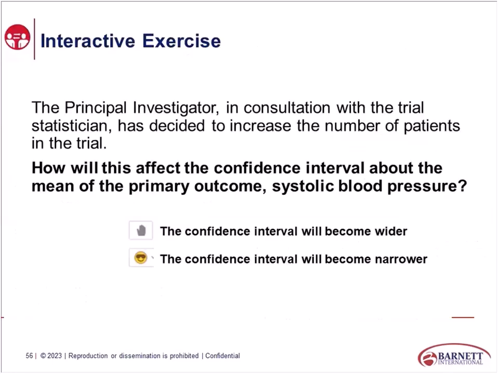I think, couple questions here. Principal investigator, in consultation with the trial statistician, decided to increase the number of patients. So, increasing the number of patients, is it going to make your confidence interval wider or narrower? Good answer, narrower. And okay. Yeah, exactly. Yeah. Okay.